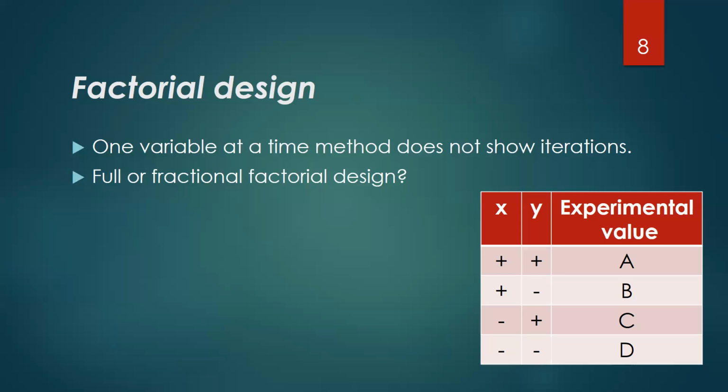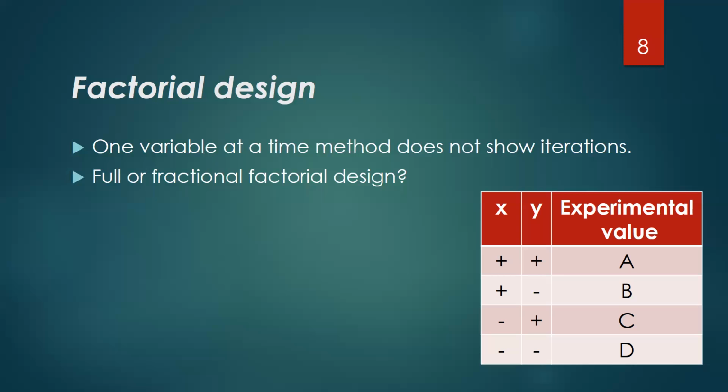If you play with the first one and you see that the speed is increasing, you keep that one, and you play with the second one and get the maximum value based on that. When you fix the first two, you play with the third one. This method of doing the experiment is called one variable at a time.